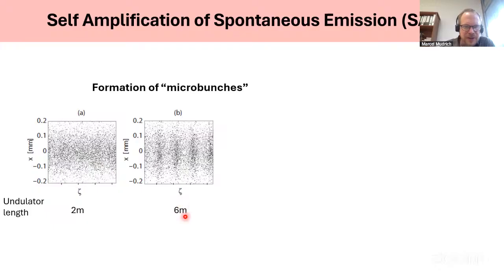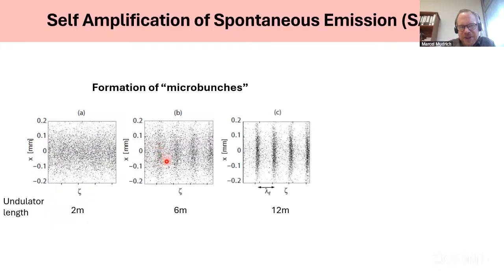So after a few more meters of propagation, we would see that electrons, due to this energy modulation, start rearranging into what are called microbunches. So within the whole 30 picosecond electron bunch, the electrons would be pushed slightly into small regions of higher density and lower density.